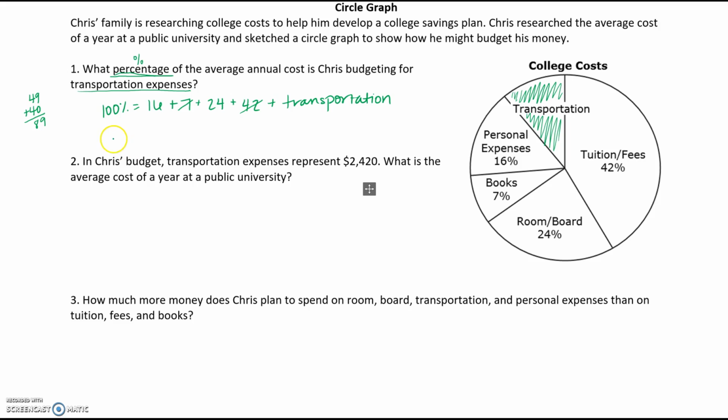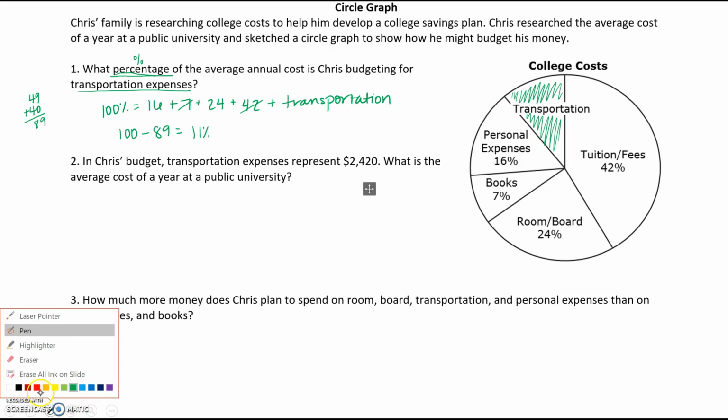That leaves me with 100 minus 89% gives me my transportation, so that's going to be 11%. So the transportation here is 11% of the budget. That one was easy peasy. I know a circle graph represents 100%, so I add them all up and subtract to find the remaining leftover.